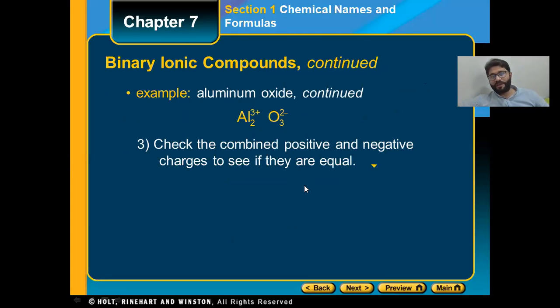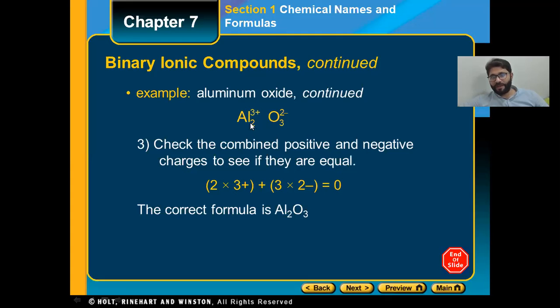Look, 2 into +3 and +3 into 2 negative: 6 plus, 6 minus, 6 is equal to 0. So the chemical formula will be Al2O3.